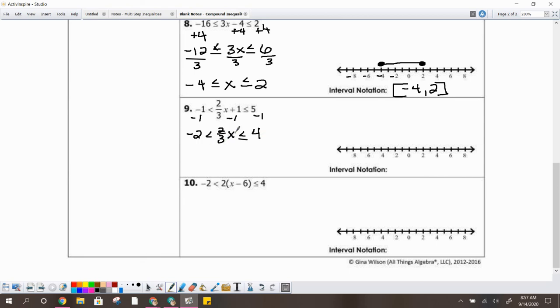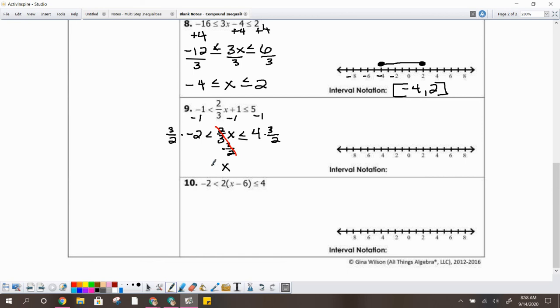So now, to get rid of this fraction here, remember, we are always multiplying by that reciprocal. So we're multiplying everything by 3/2, times 3/2, times 3/2. Multiplying by 3/2 is going to eliminate that, so I am left with just x in the middle.